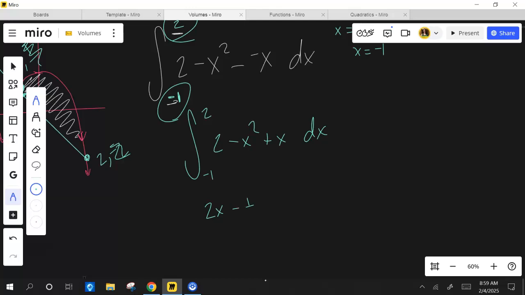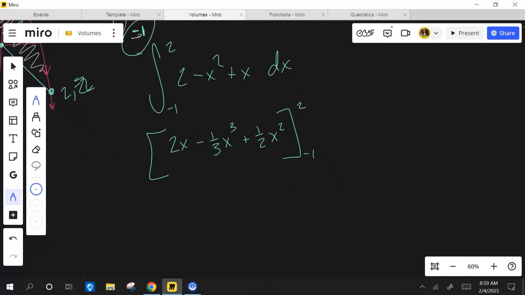Antiderivative. We'll plug in 2. We'll plug in -1.